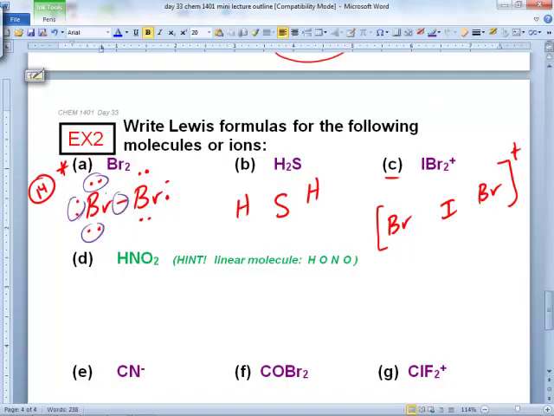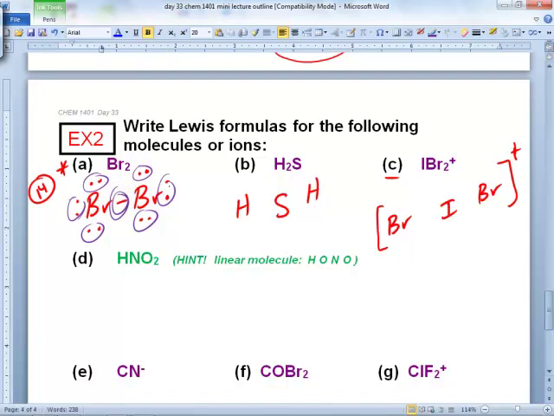He's happy. 2, 4, 6, 8. He's happy. See that? So you're really counting that bond in the middle twice because they're shared. Anyway, did I use up 14 electrons? Yes, I did. 2, 4, 6, 8, 10. So we're done.